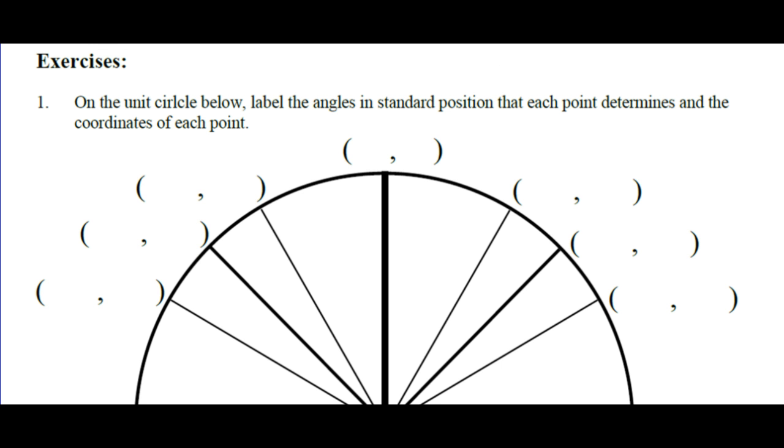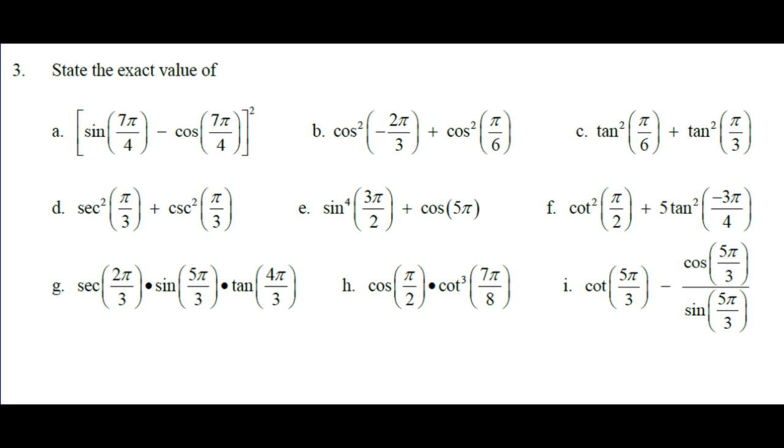Okay, in exercises, so we said we would go look at some other exercises. State the exact value. Okay, so what we need to know is, what does cos squared of negative 2 pi over 3 mean? This is what it means. It will always be written like this, but what you say is, it's the cosine of negative 2 pi over 3 quantity squared.